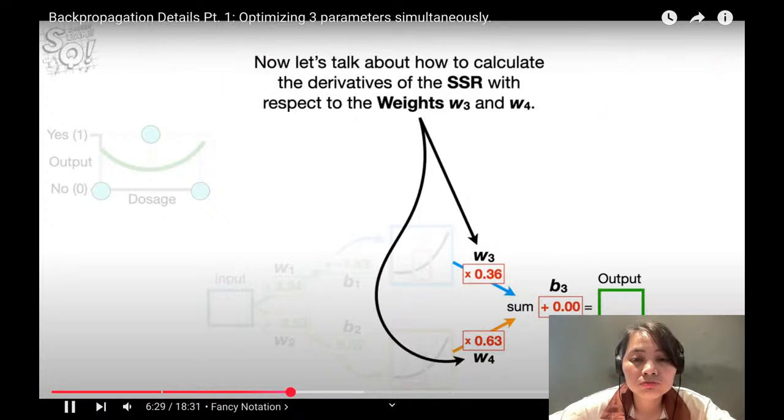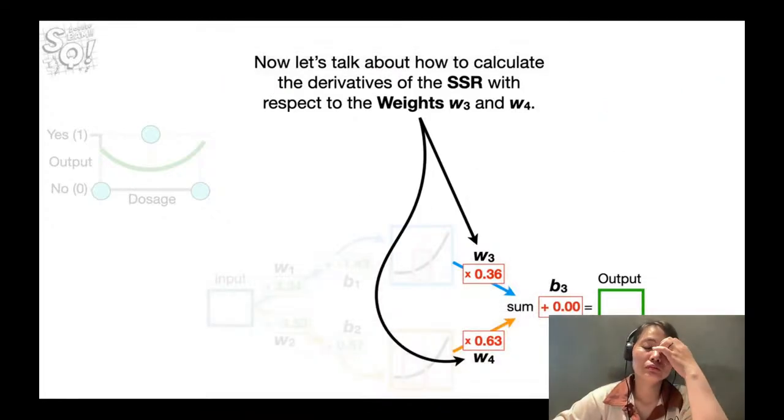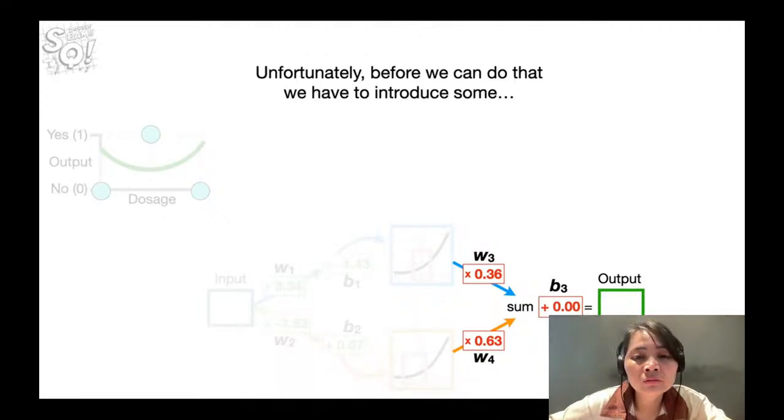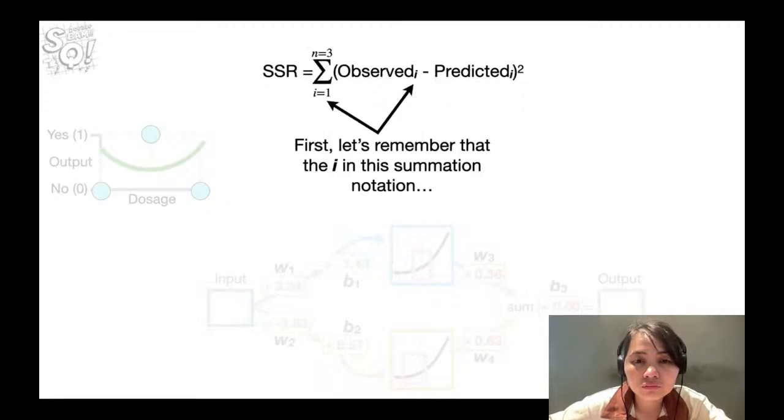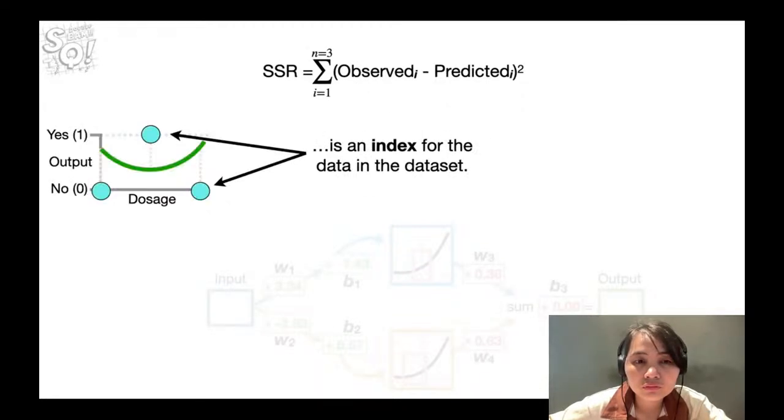Bam! Now let's talk about how to calculate the derivatives of the sum of the squared residuals with respect to the weights w sub 3 and w sub 4. Unfortunately, before we can do that, we have to introduce some fancy notation. First, let's remember that the I in this summation notation is an index for the data in the dataset.